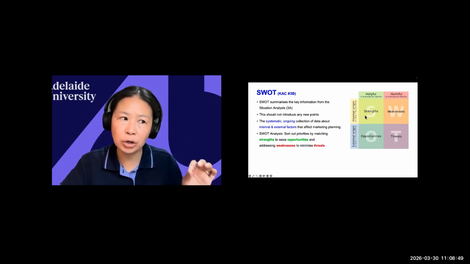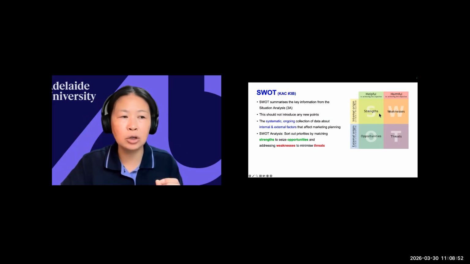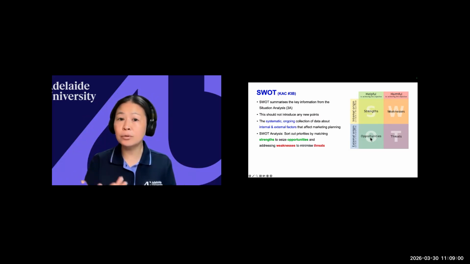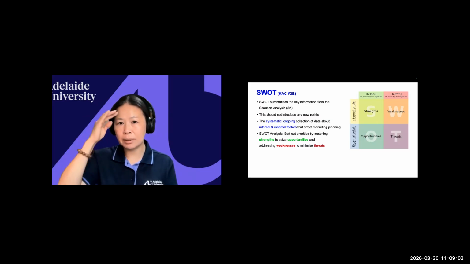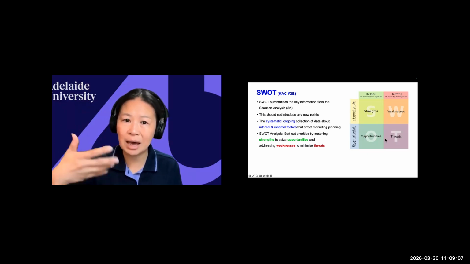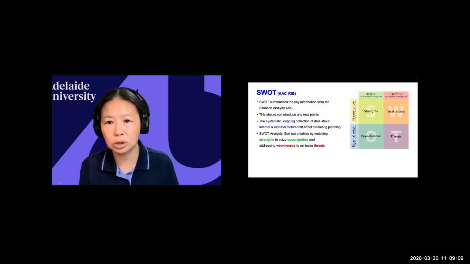And if it's internal and it's within your control, you list that under strength. If it's outside of your control, you put that under an opportunity because it's helpful to your product contribution margin, but it's something for you to consider that you've observed in the systematic patterns, but it's outside of your control.